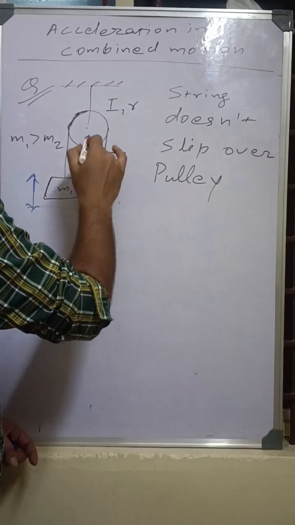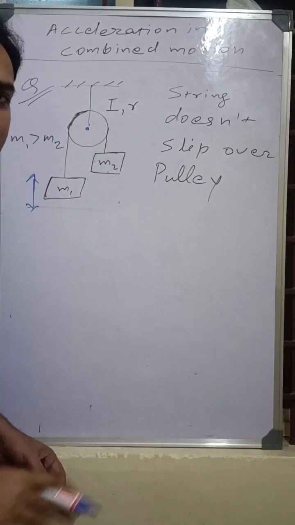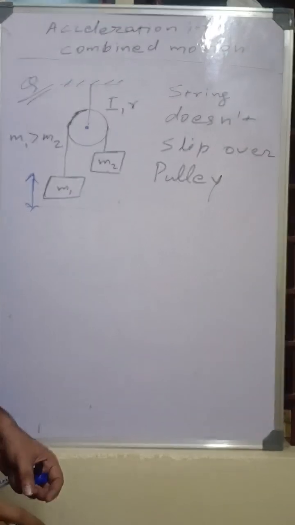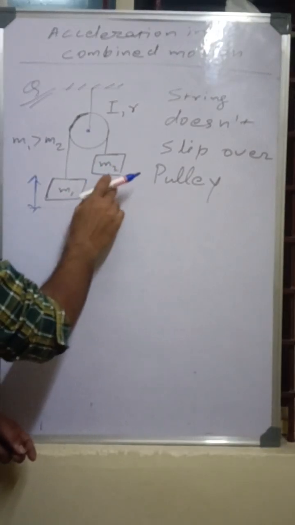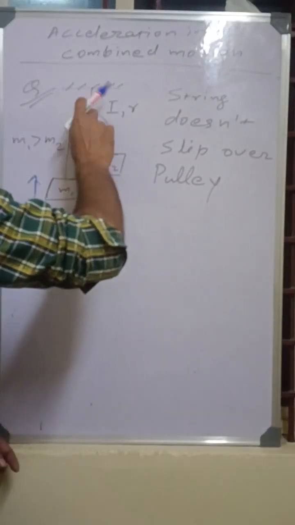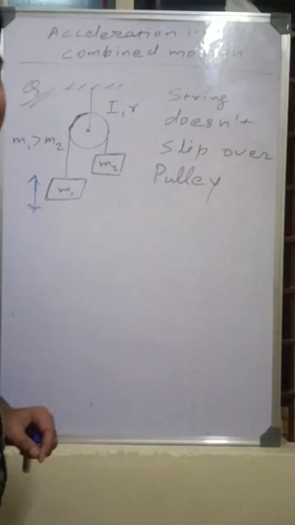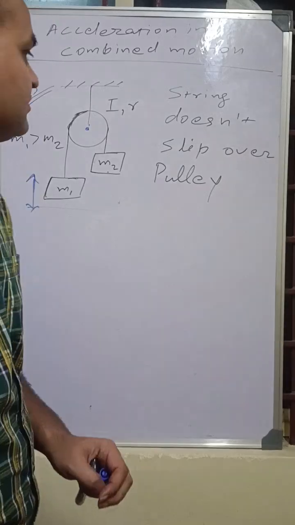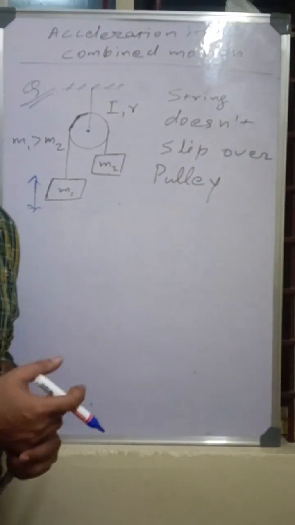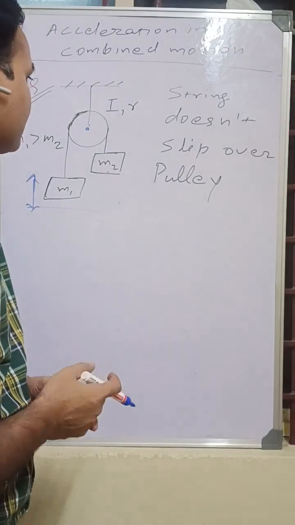So we need to observe the motion of the pulley and masses first. For m1 and m2 we have to write translational equations of motion, and for the pulley we have to write the rotational equation of motion.